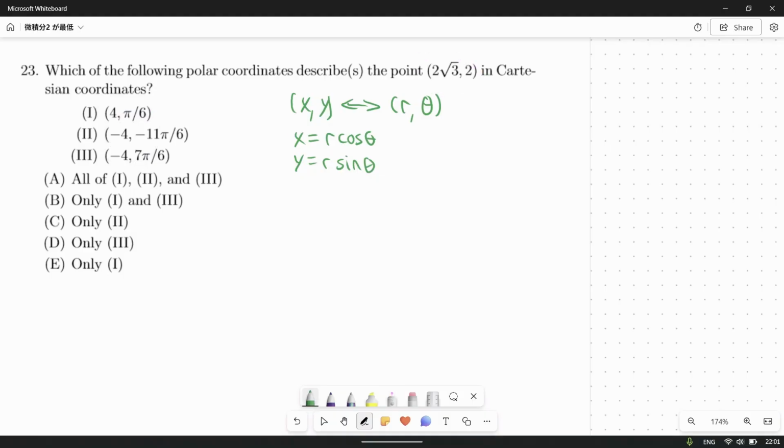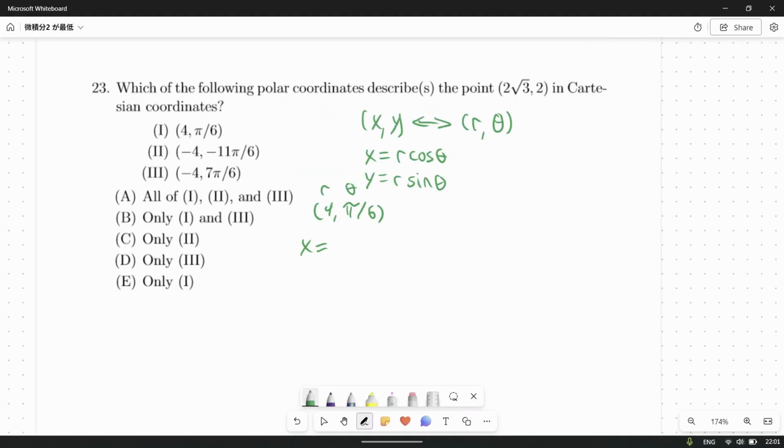So starting with the first case, we have 4 and pi over 6. So I'll put that over here. In the case of 4 and pi over 6, I should also label that this is r and that's theta.